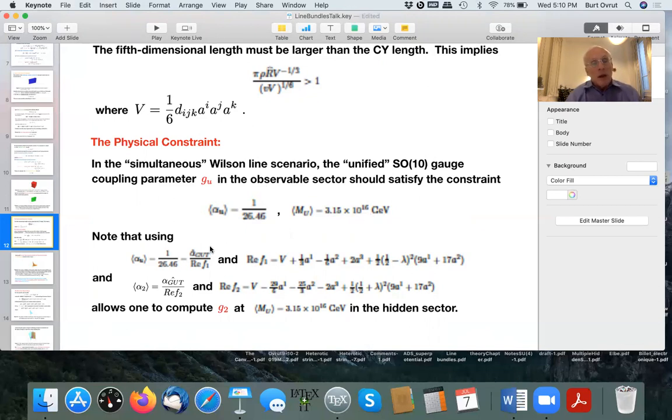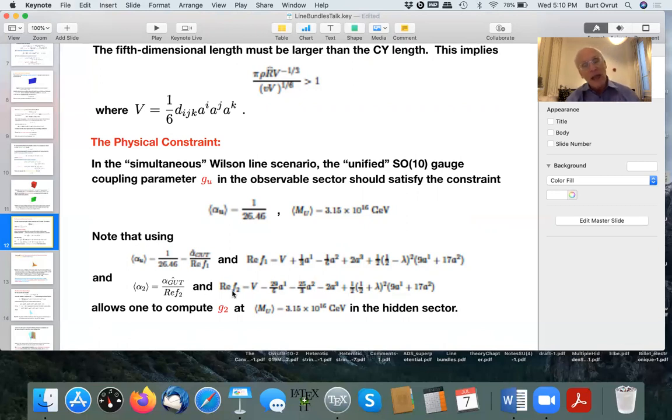We know that this alpha_u is alpha hat GUT, so this is some constant, and since we know what Re f is and can compute it at any point in moduli space, we will get a value for alpha GUT hat, that constant, at any point you choose in moduli space.